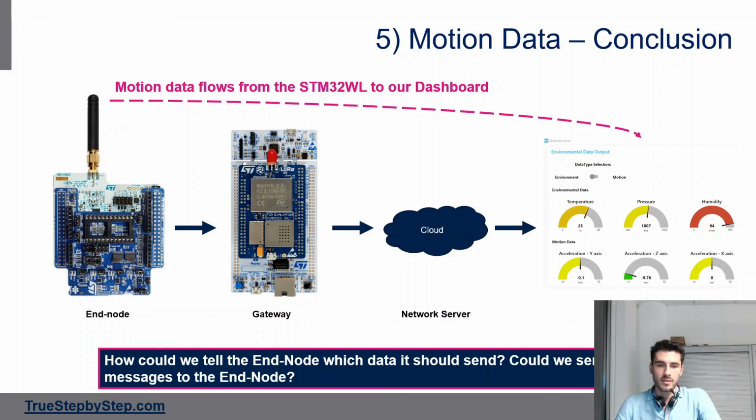The next step is going to be to try and tell the end node what data it should send, because we would like to be able to select between environmental and motion data. The way to do that is to set up downlink communication, and that will be the final hands-on, which we will cover in the next video. Thanks.